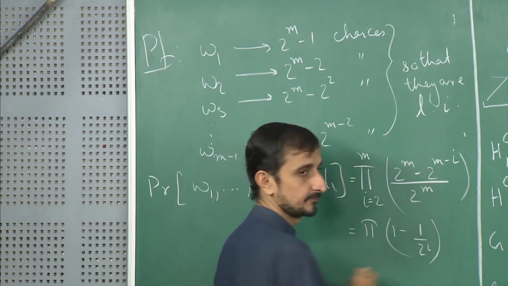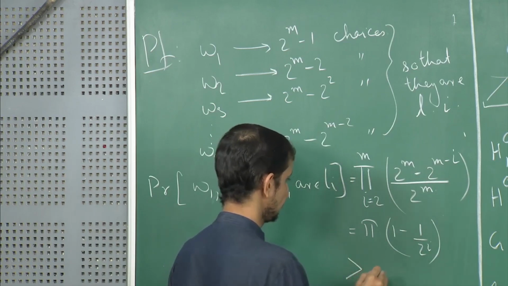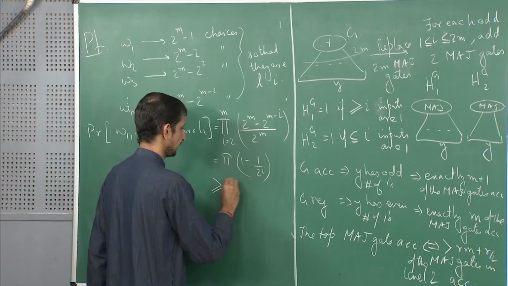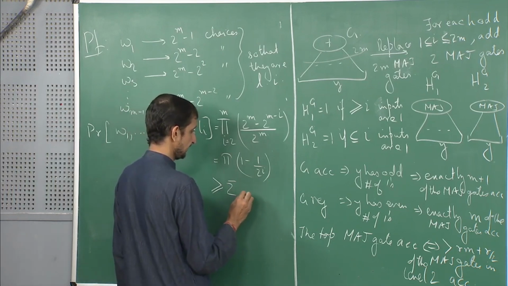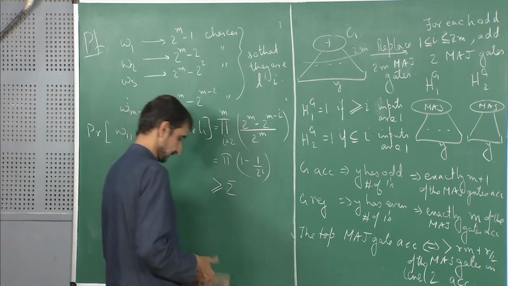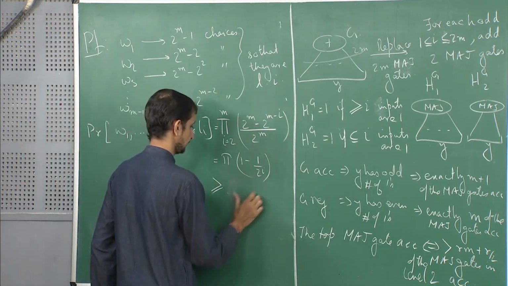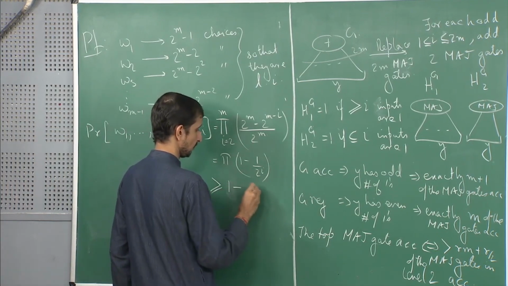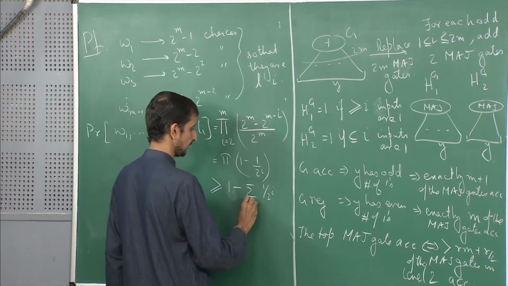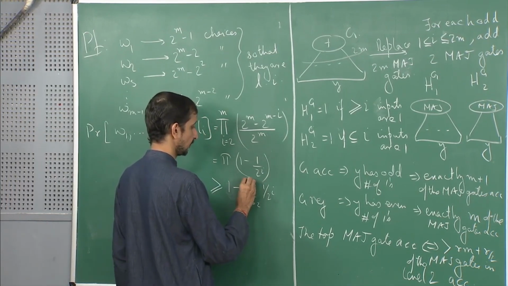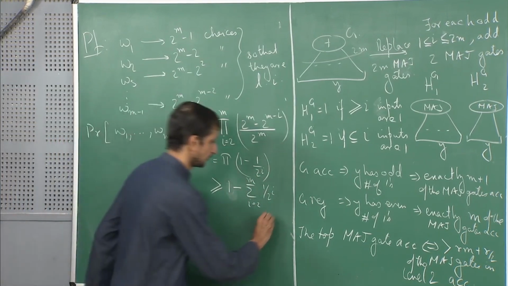Right, and this can be shown by induction. One can show that this is greater than 1 minus the sum of 1 over 2 to the power i, with i going from 2 up to m.